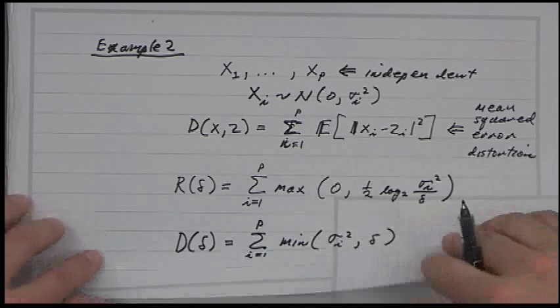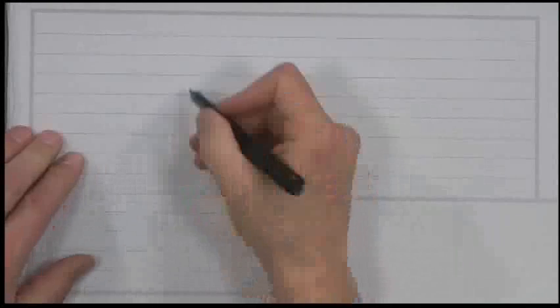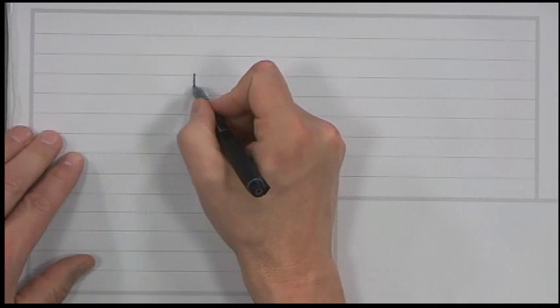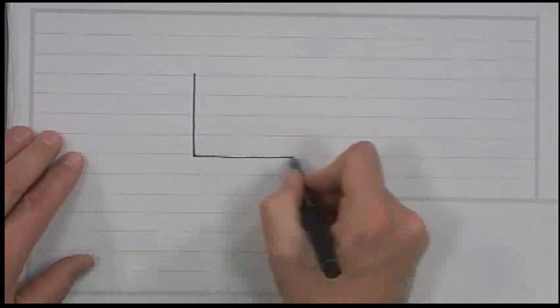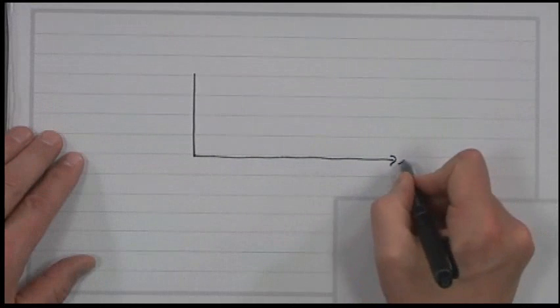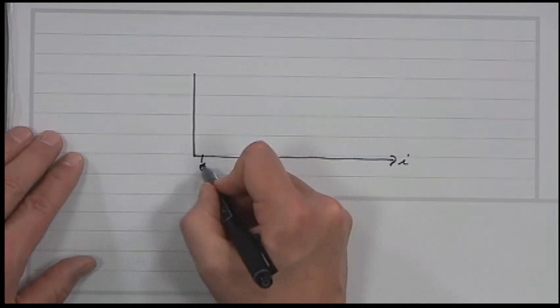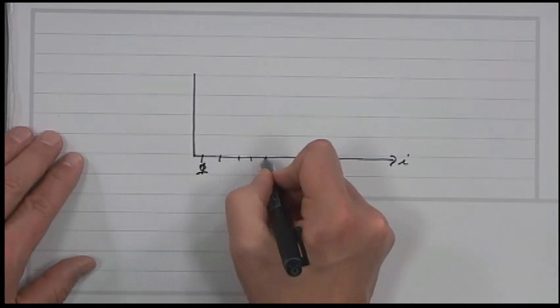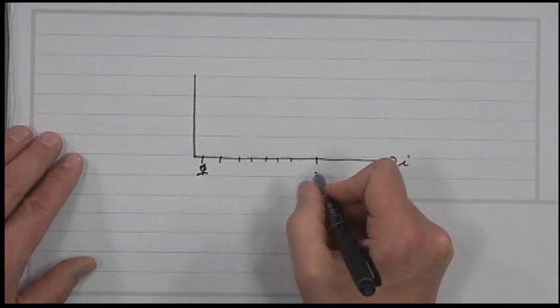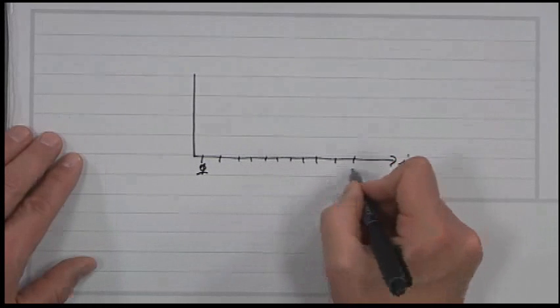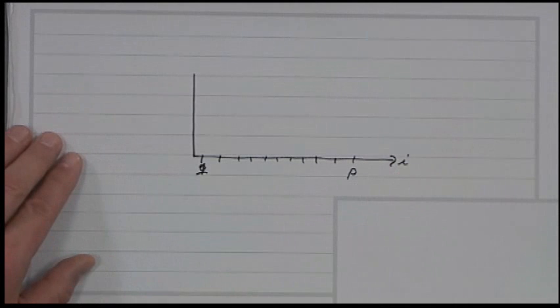Okay, so this is the intuition. Let's say you have a bunch of random variables. So this axis is i, and it goes from 1 to p, and I'll order them from largest to smallest.